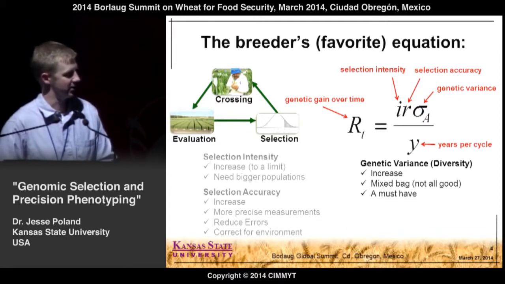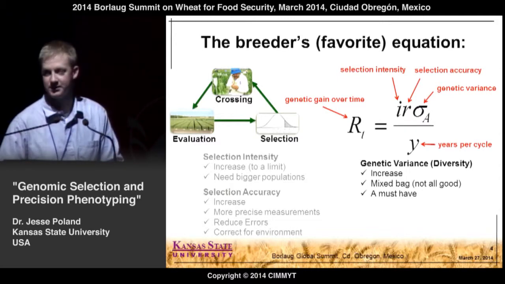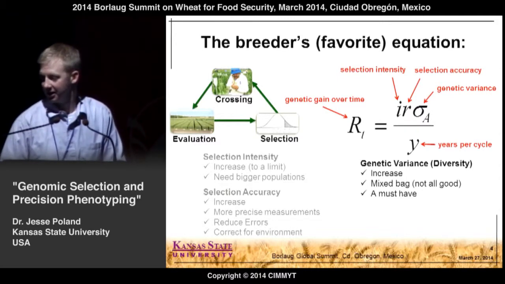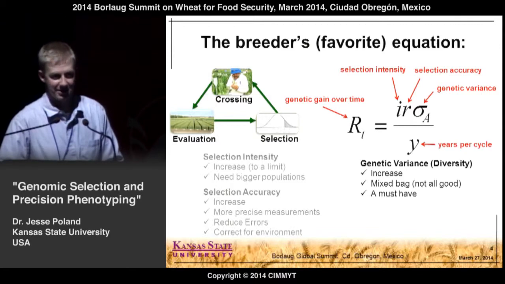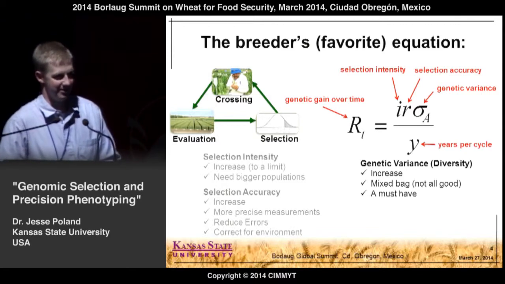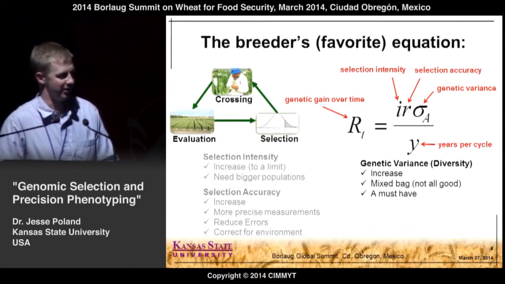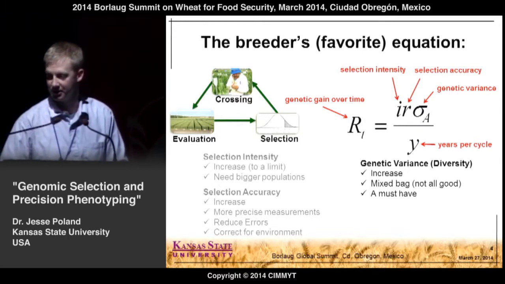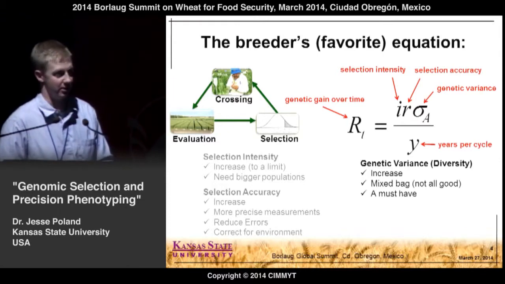So you want to increase this, but we know this is a mixed bag, because I think it's Hallauer who said that most genetic variance is bad. Anytime we try to increase genetic variance, especially from wild relatives, most of the variance that comes along is not agronomically favorable.